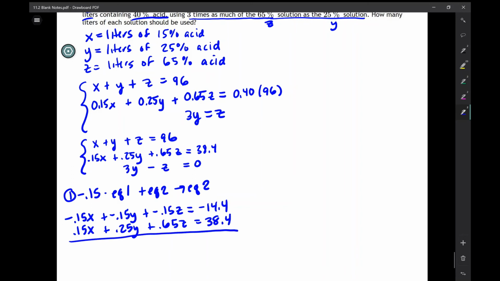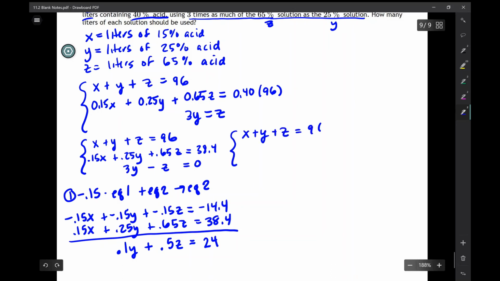Negative 0.15 plus 0.25 is 0.1, so 0.1y plus 0.65 plus negative 0.15 is 0.5z equals 38.4 minus 14.4, which is 24. All right, so now we have x plus y plus z is 96. 0.1y plus 0.5z equals 24. 3y minus z equals 0.